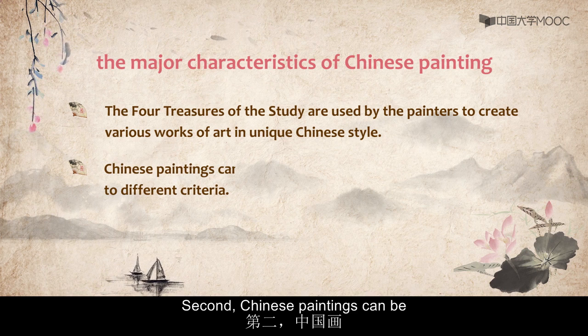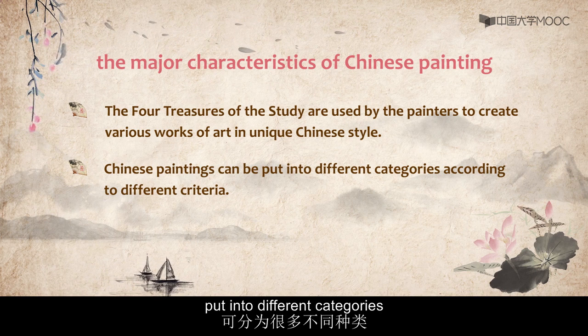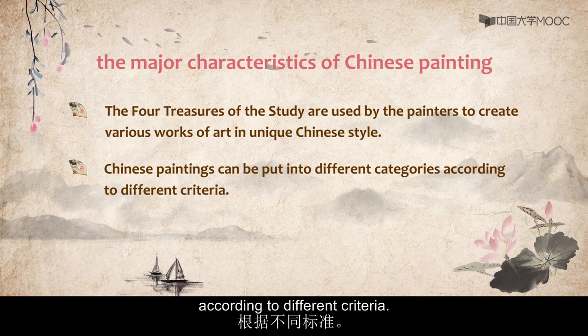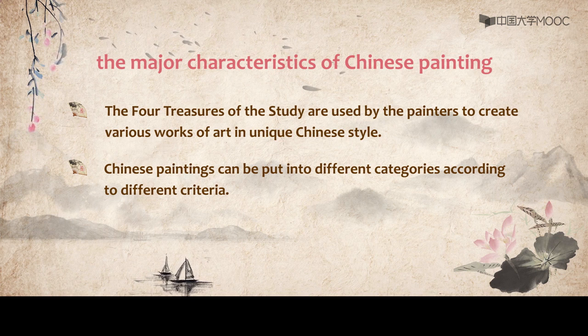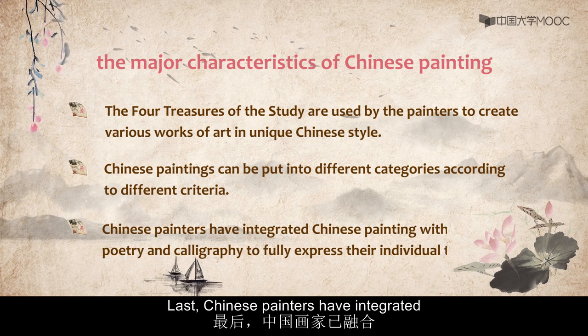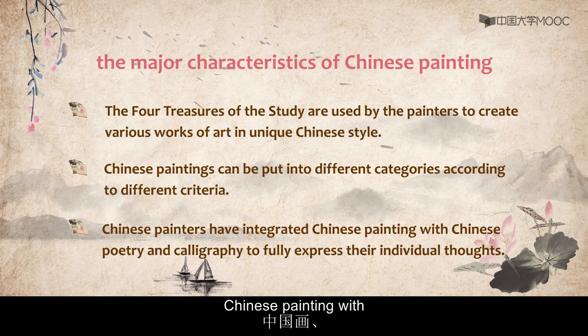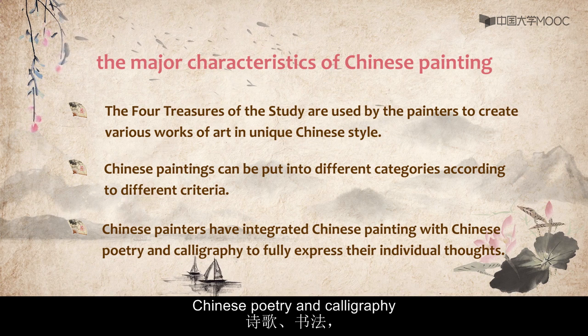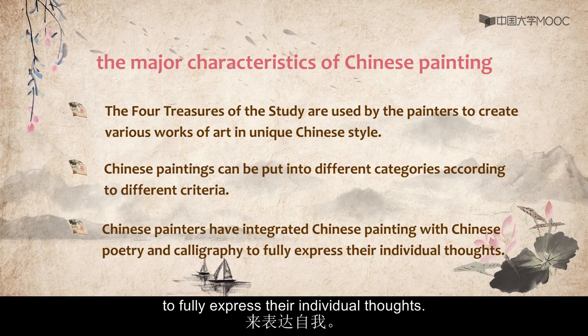Second, Chinese paintings can be put into different categories according to different criteria. Last, Chinese painters have integrated Chinese painting with Chinese poetry and calligraphy to fully express their individual thoughts.